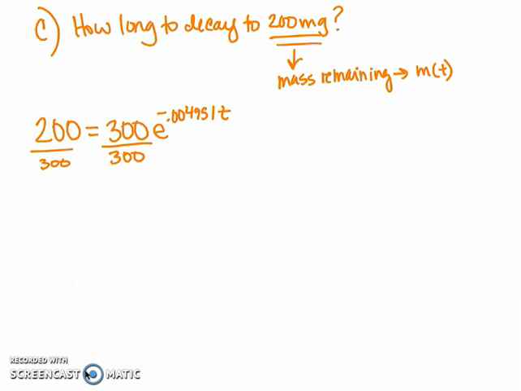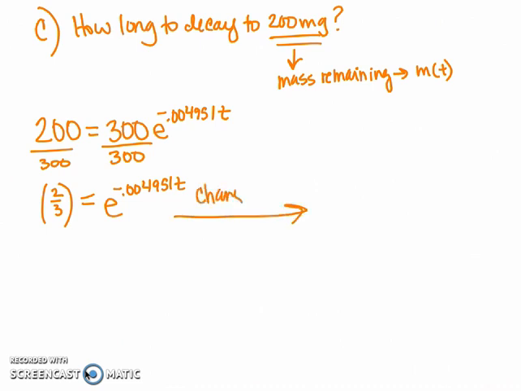200 divided by 300 gives me 2/3. So 2/3 is equal to e to the negative 0.004951 t. Now we're going to change form. The base of the exponent becomes the base of the log.